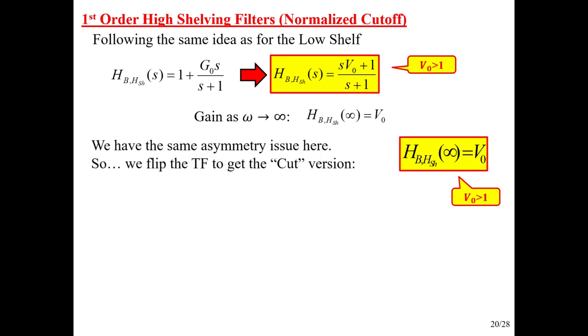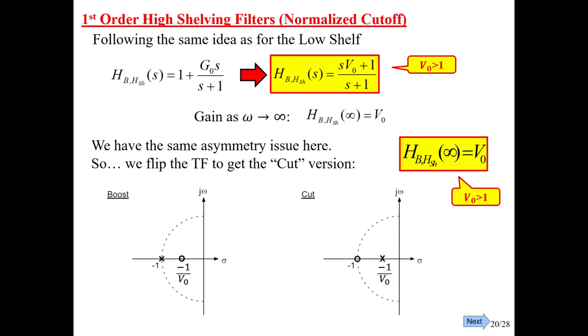And we have the same exact asymmetry issue again. So it doesn't work for V0 less than 1 as we might expect it to. So we flip the transfer function and we get the cut version, and then we can look at poles and zeros, and we see something like this.